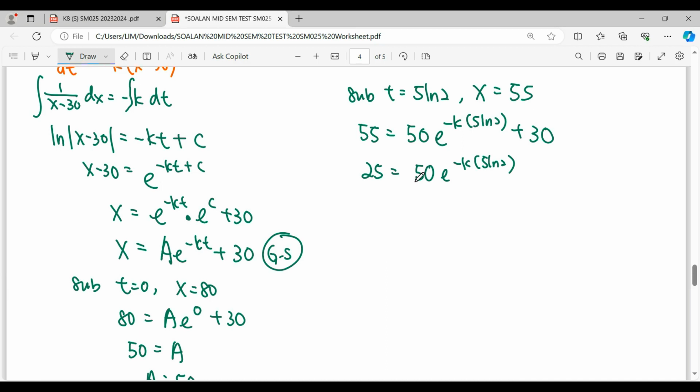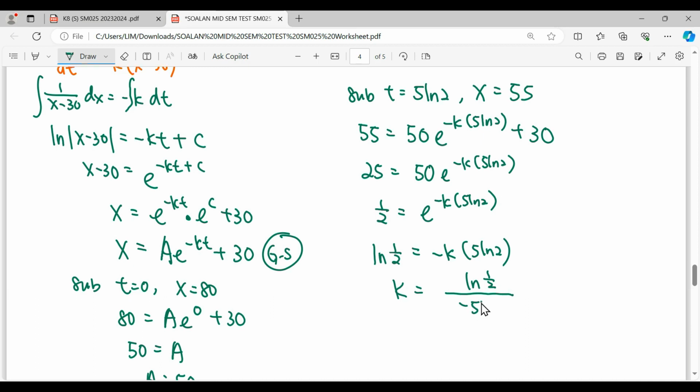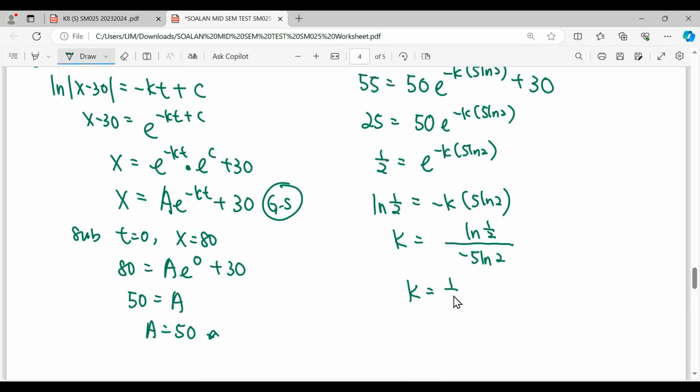And then the 50, move back to the left hand side, divide by 50, becomes 1 over 2. Then the e, we move back. When you have indices and move back to the left hand side, it becomes log e, and log e brings you to the function of ln. So to get k, it will be ln of 1 over 2 divided by negative 5 ln 2. So k will be equal to 1 over 5.